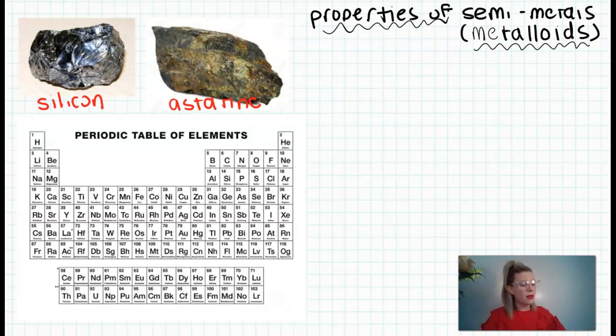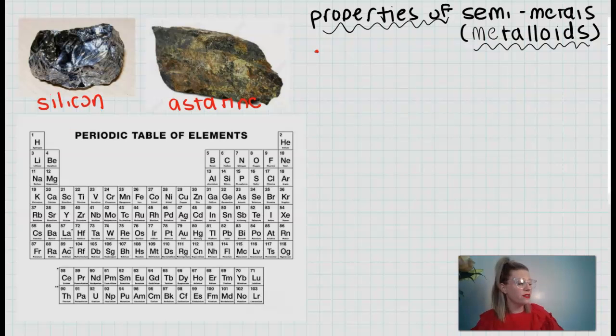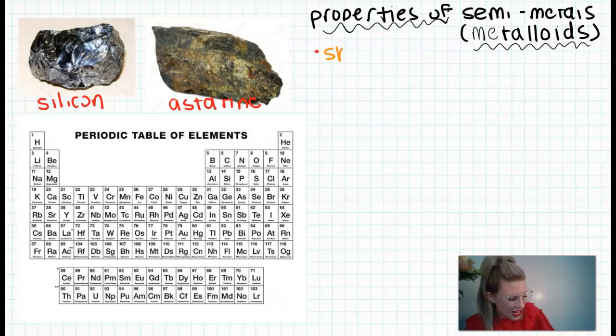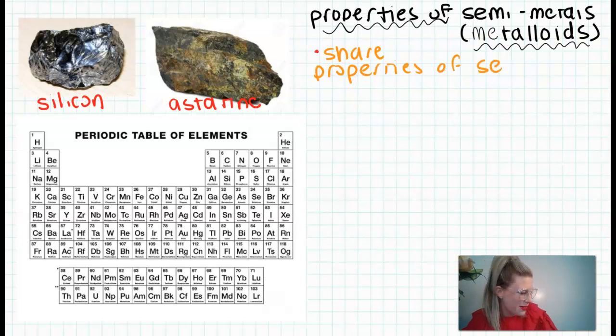So these semimetals, we don't really have any distinctive properties that we need to note, but we do need to note that they share the properties of metals and nonmetals, which is why they're called the semimetals.